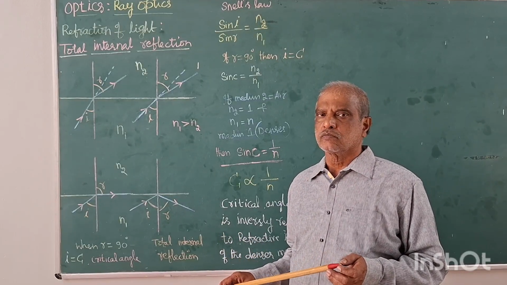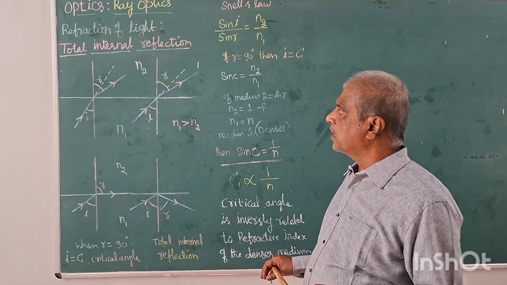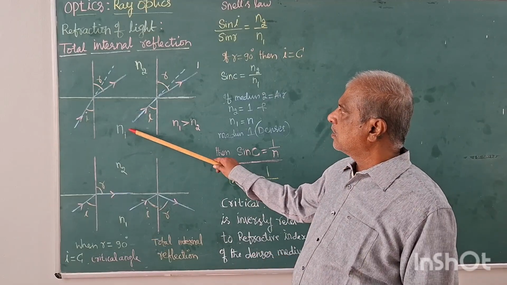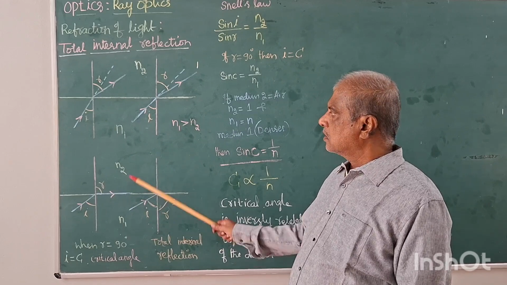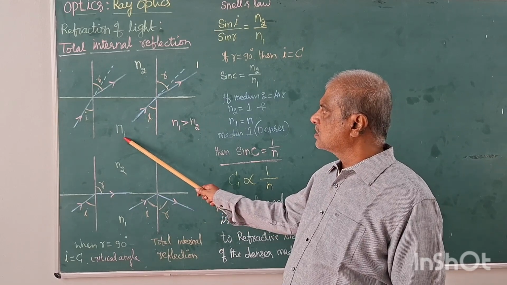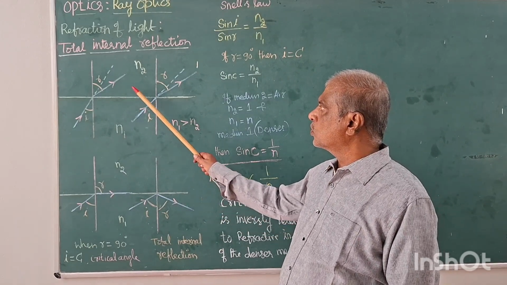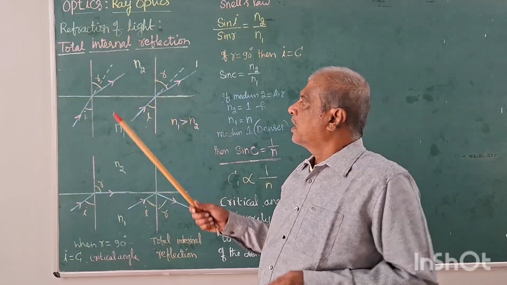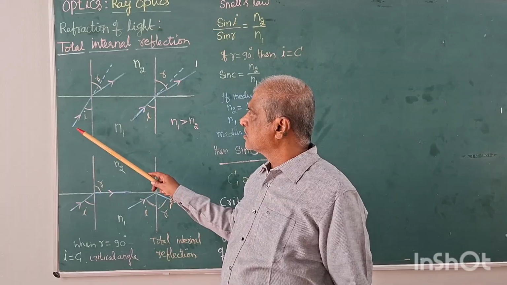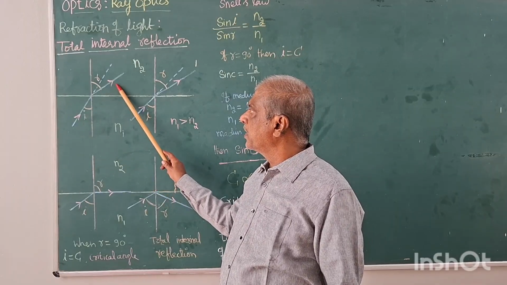Generally, there are two media, medium 1 and medium 2. In this case, medium 1 is denser, medium 2 is rarer, and the ray of light is passing from the denser to the rarer medium.